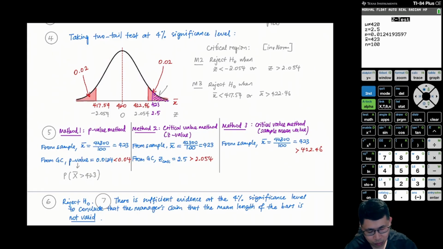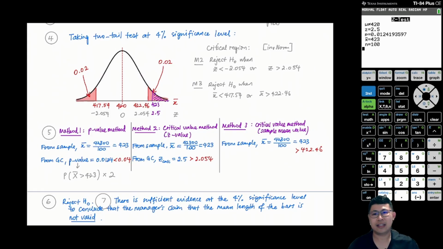But because this is only one side of the picture, and we are taking a two-tailed test, I will need to take this probability times 2. So this probability is actually 2 times the probability where x bar is greater than 423. For a two-tailed test, the probability that we shade, we need to times 2.